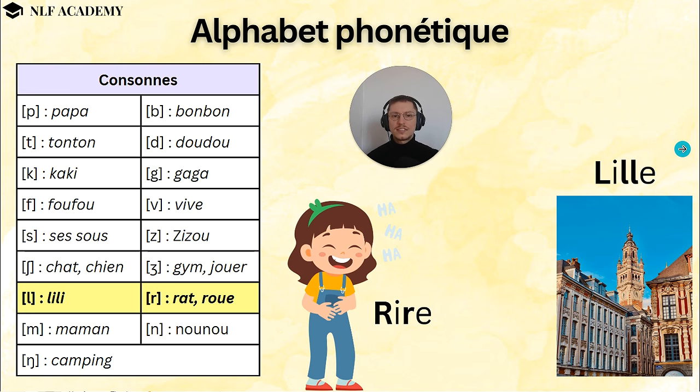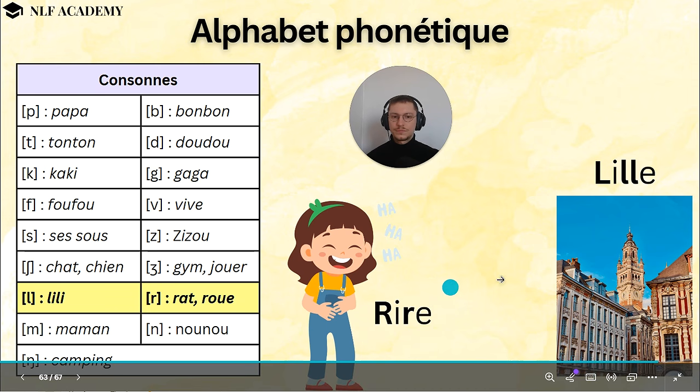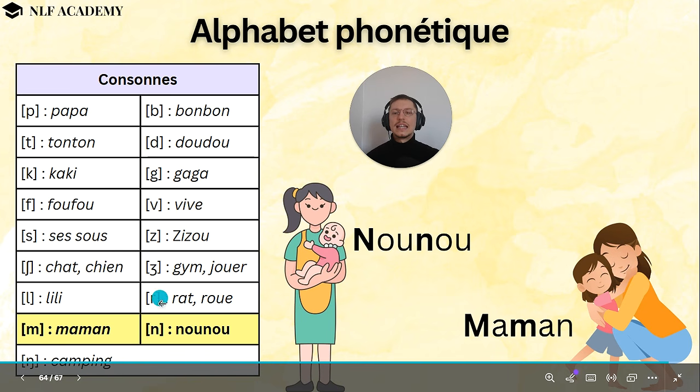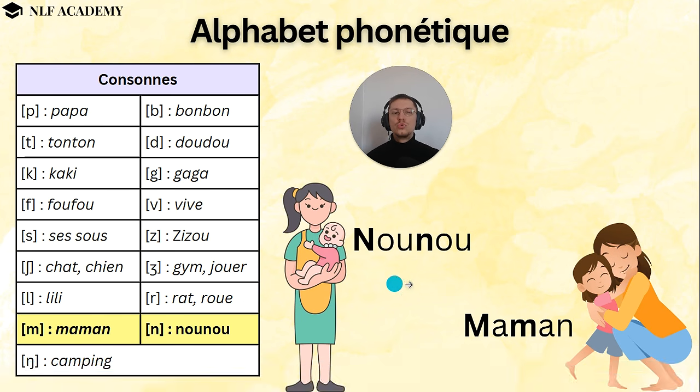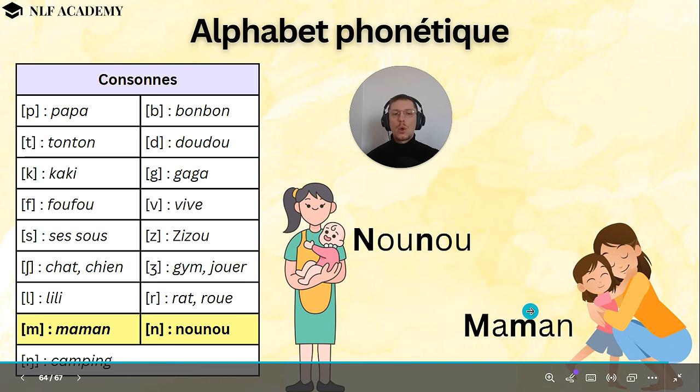Lille, which is a nice city in the north of France. Lille. R comme rire. Rire, to laugh. N comme nounou. Nounou. M comme maman. Maman.